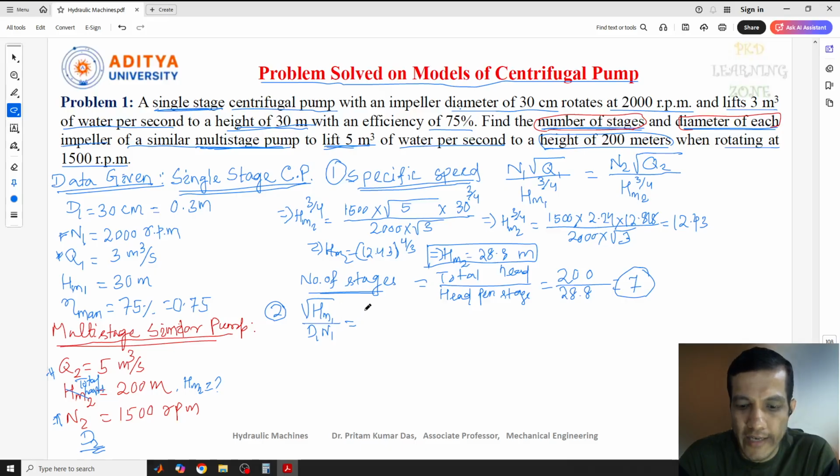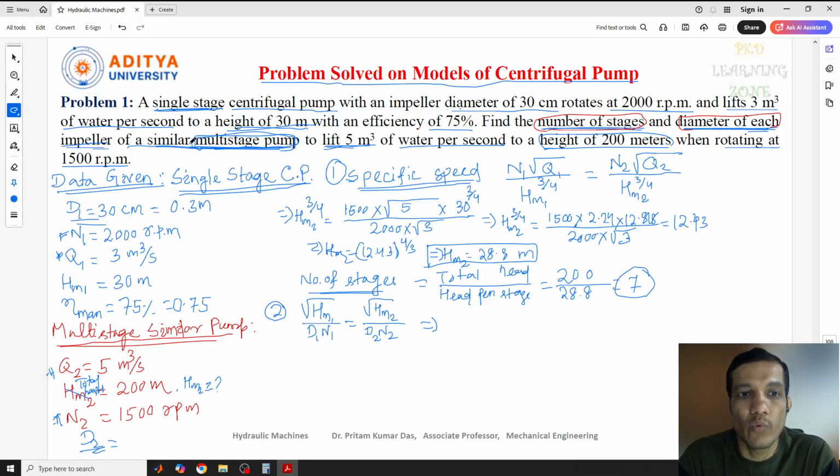This is for one, and for the second one we need to write the same thing: root over hm2, already calculated, by d2 n2. Now d1 value is already given to us. So d2 is the diameter of each impeller of the similar multi-stage pump, that means the diameter of the multi-stage pump we need to identify. That's why I've written here diameter of each impeller, in the sense that a multi-stage pump means how many pumps are used we don't know.